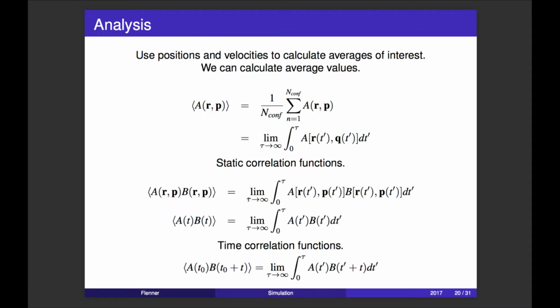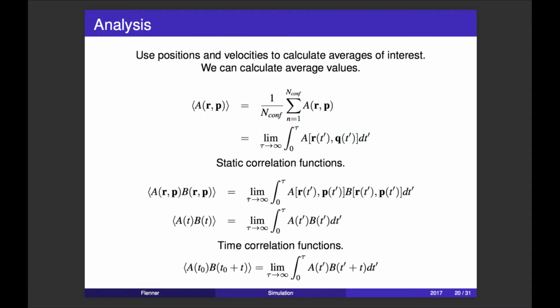Well, in statistical mechanics, the idea is that you have a distribution of positions given by the Boltzmann distribution most of the time, and you average whatever you're interested in over that distribution as a function of positions, or if what you're interested in is related to velocities, the momentum.